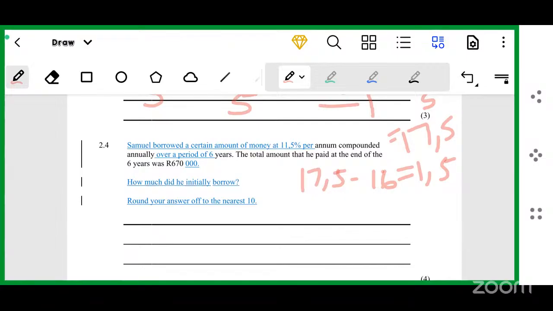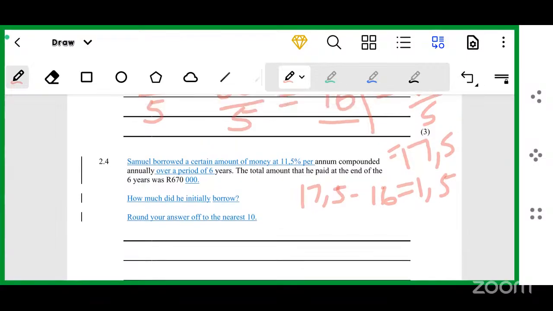So 60 multiplied by 3/2, because in an hour we have 60 minutes, right?